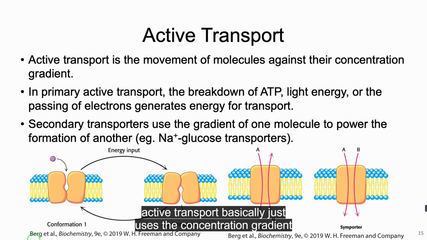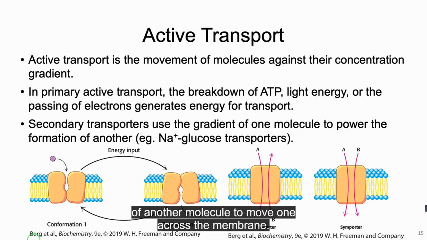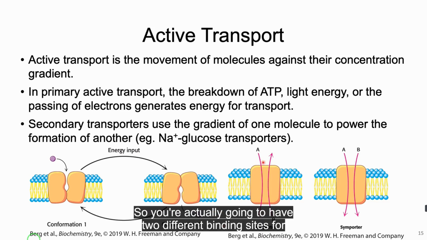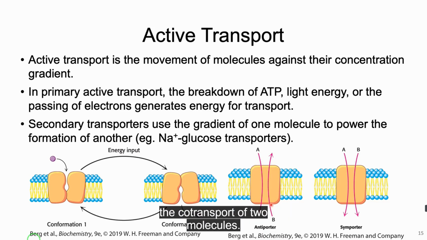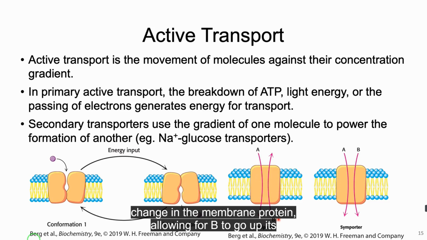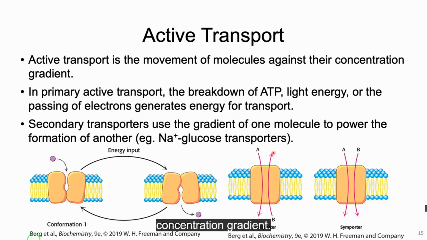Secondary active transport basically just uses the concentration gradient of another molecule to move one across the membrane. So you're actually going to have two different binding sites for the co-transport of two molecules. So for instance, A could be going down its concentration gradient in one direction, which results in a conformational change in the membrane protein, allowing for B to go up its concentration gradient.